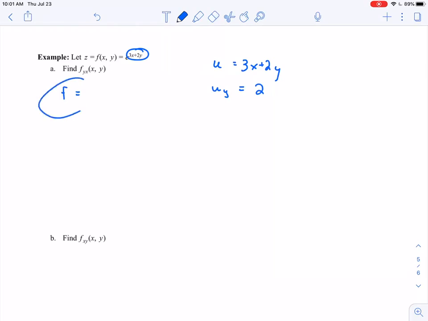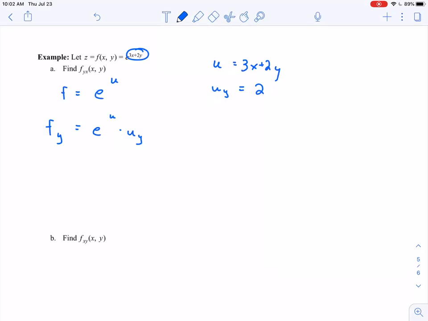So f, my original function, I can think about as e to the u. So if I want f sub y, this is really equal to e to the u times u sub y. And if you want to, I would go ahead and take u sub y and plug that back in. You can take u and plug that in as well.